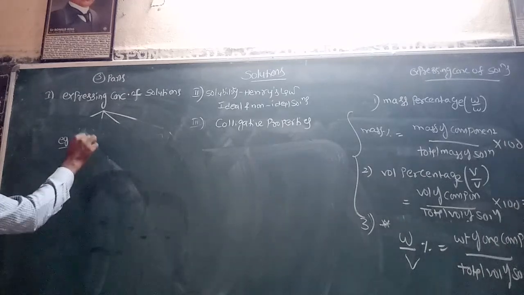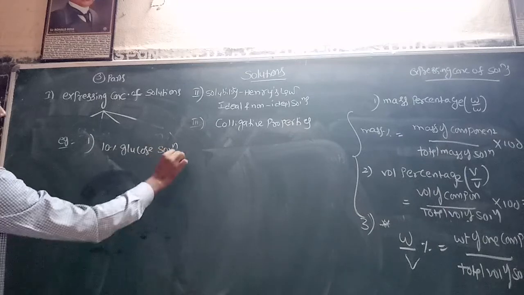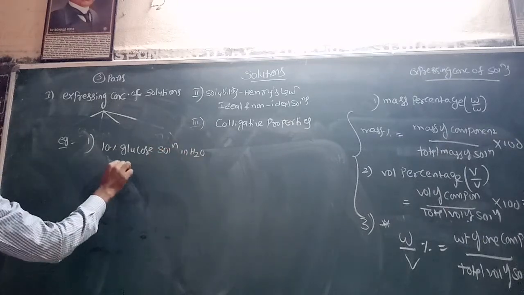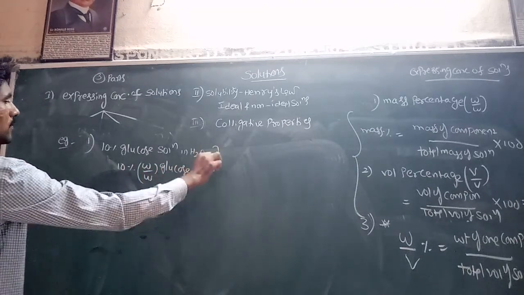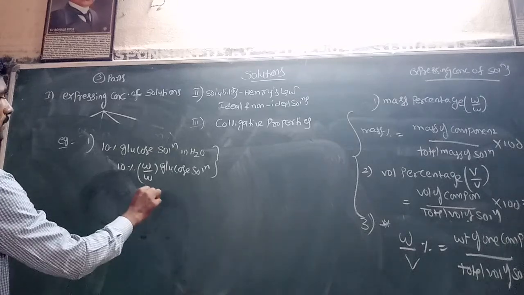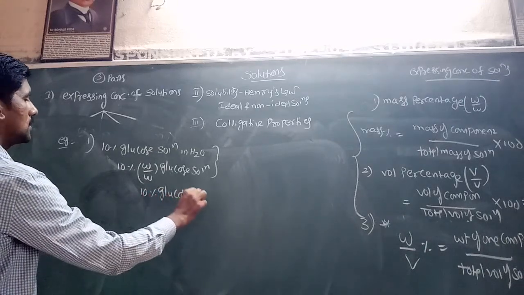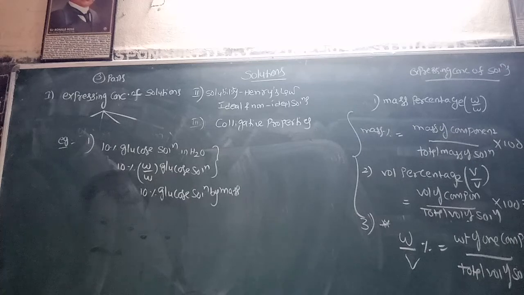First one is 10% glucose solution in water, or 10% weight by weight glucose solution, or 10% glucose solution by mass. All three have the same meaning.